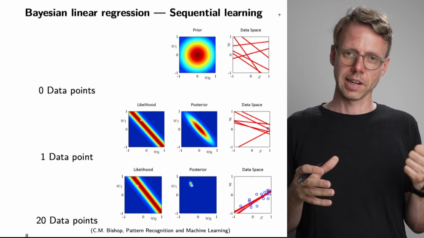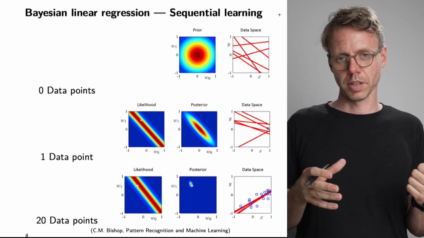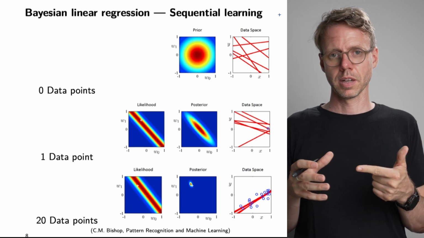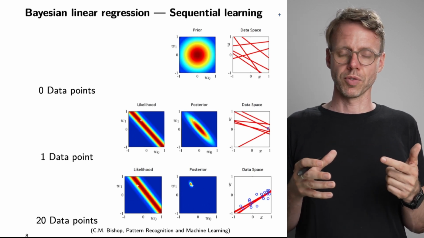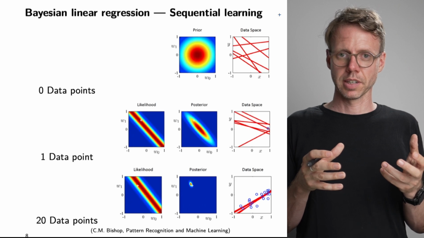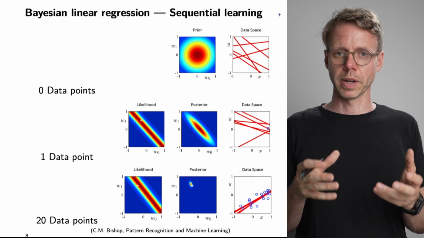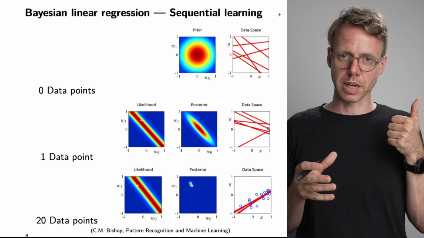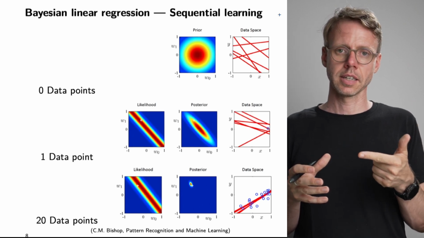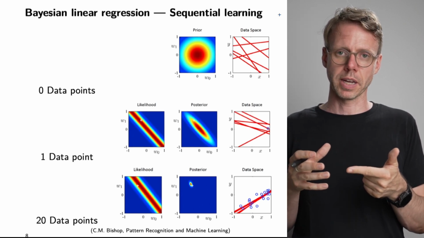Let's look at a simple example for sequential learning, sequential updates of a posterior distribution of a normal likelihood with a normal prior distribution over a linear regression model that has 2 weights. One weight that is multiplied by x and a second weight for the bias.